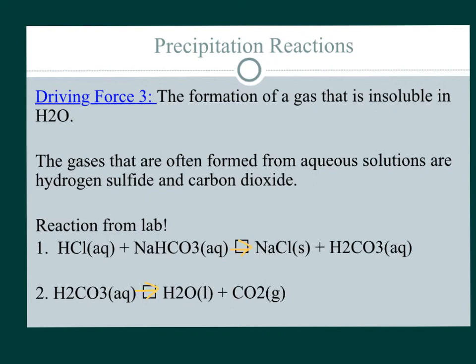And in the second one you have carbonic acid that's going to break down and form water and carbon dioxide. And yes, this is currently from the stoichiometry lab that you're doing. Okay, that's it. Please check out the problem set, and I will see you in class.